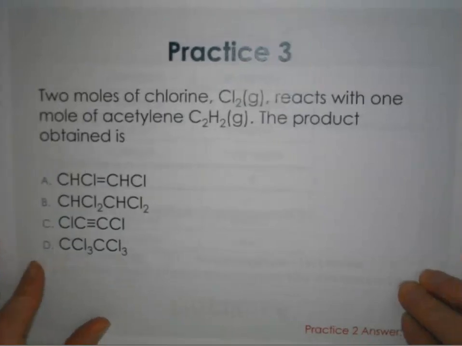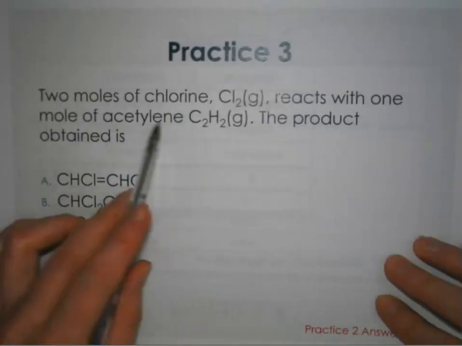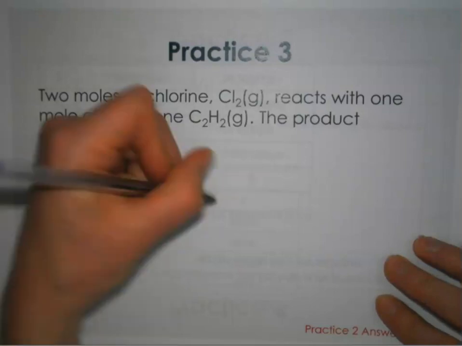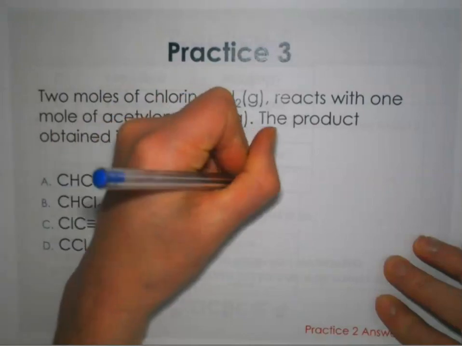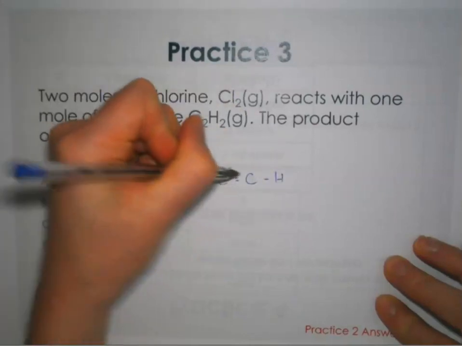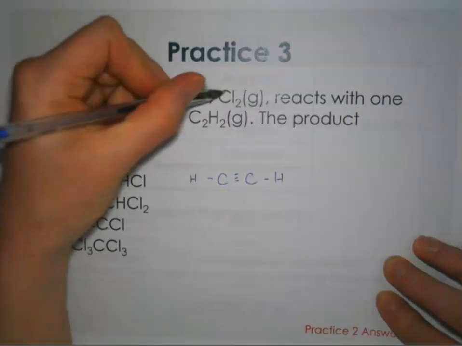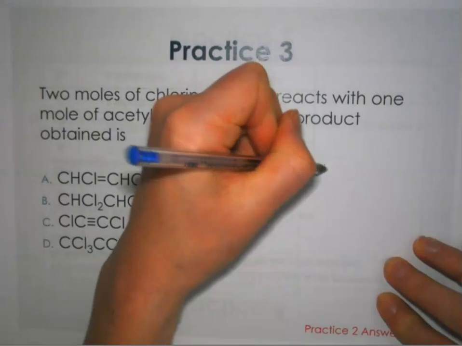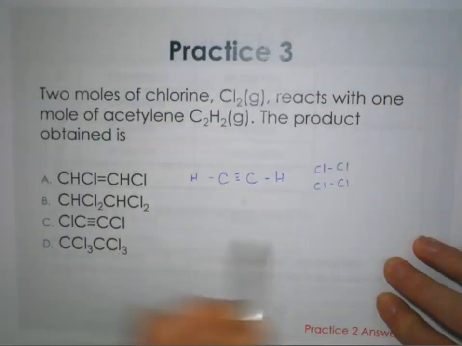Practice number 3, we have 2 moles of chlorine gas reacting with 1 mole of acetylene. So we have C2H2, basically 1 hydrogen, 1 hydrogen. What does that leave for a bond between the carbons? A triple bond. So we have an alkyne, and then we have 2 chlorine molecules, which means a total of 4 chlorines.